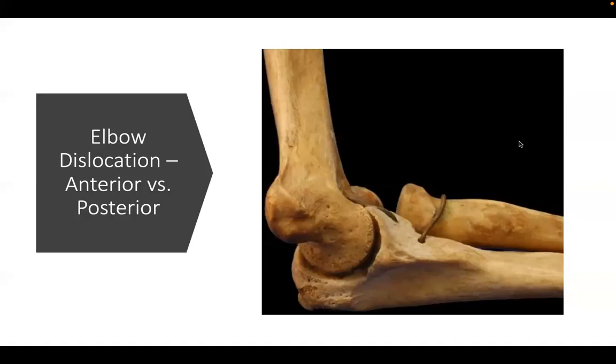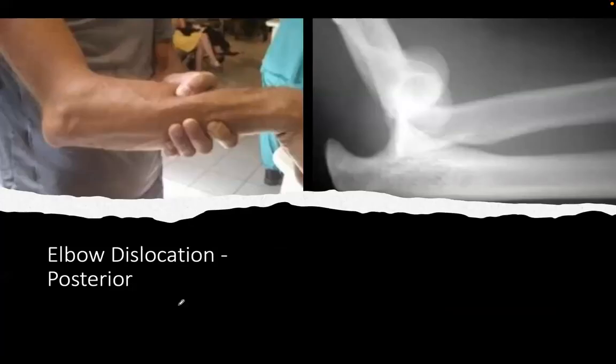Very good, a posterior dislocation is more common in the elbow. Now, what about shoulder dislocation? What is the most common? It is usually anterior.